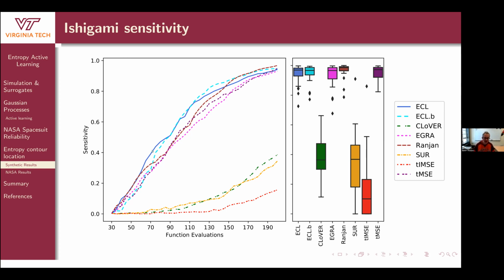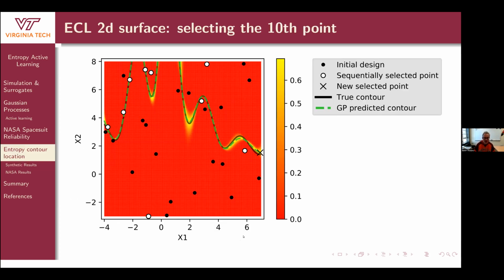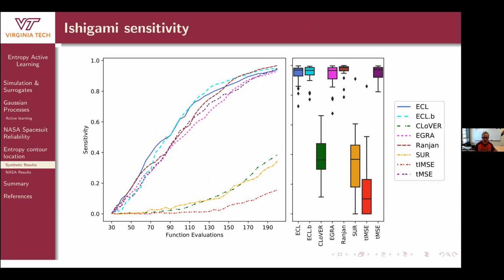So our method is getting sensitivity better, higher is better, although some of the methods eventually catch up as we, keep hitting the wrong button. Sorry about that. Some of the other methods catch up, others of the other methods don't. So this is over all the evaluations, and the final plot is showing a distribution of evaluations at the final time step.